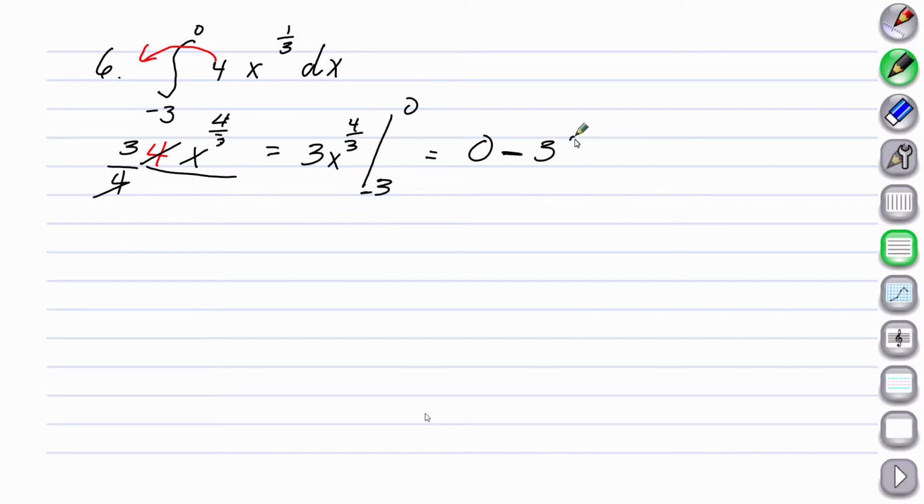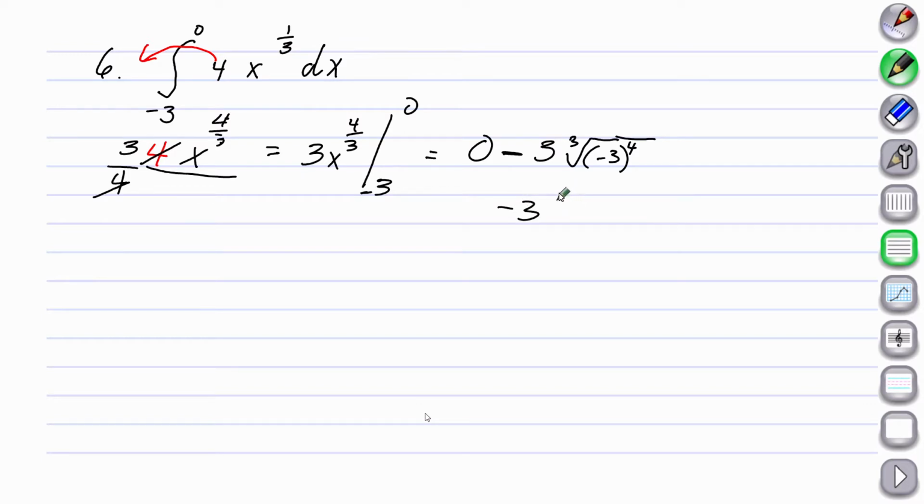So this is the cube root of something to the 4th. And this would be -3 to the 4th. Let's just put it underneath there. Okay, again, another messy mess.